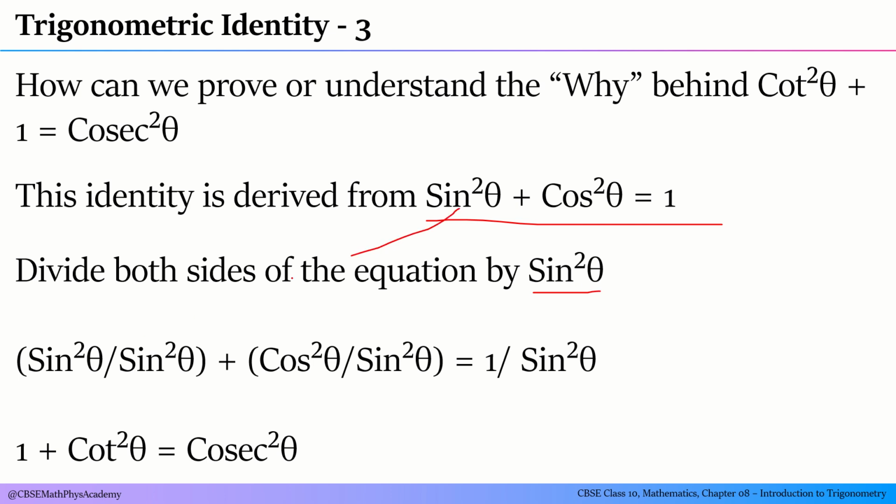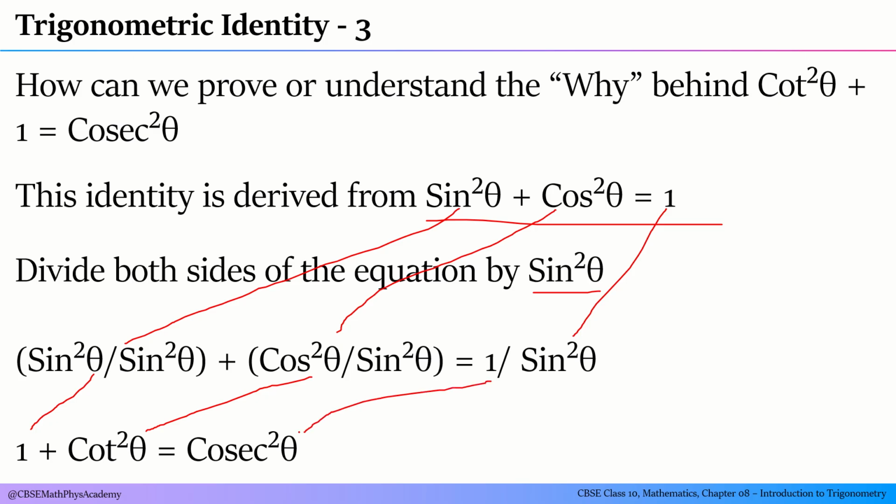The first term becomes sine square theta by sine square theta, the second term becomes cos square theta by sine square theta, and the third becomes 1 by sine square theta. Sine square theta by sine square theta is 1. Cos square theta by sine square theta is nothing but cot square theta, and 1 by sine square theta is cosec square theta.